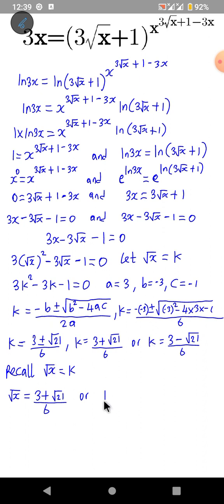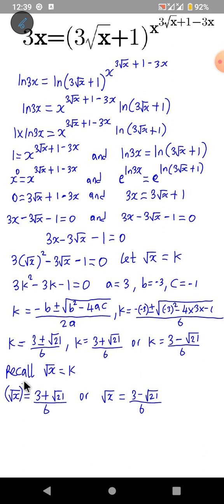So here will become the square root of x equal to 3 minus the square root of 21 all over 6. So my next step now will be to square both sides of this equation. To remove the square root sign, we have to square both sides.